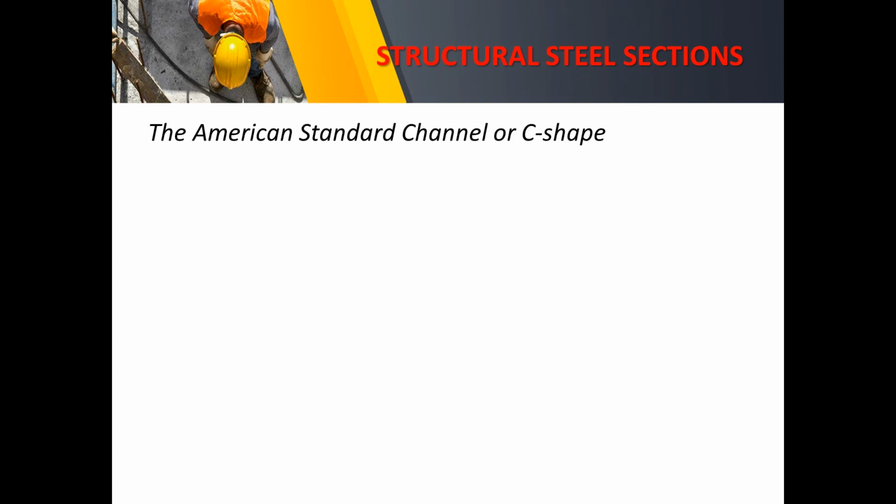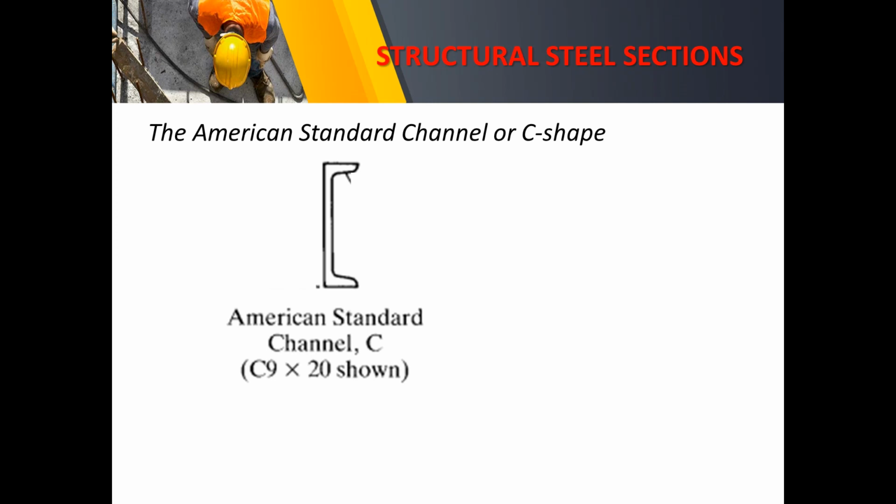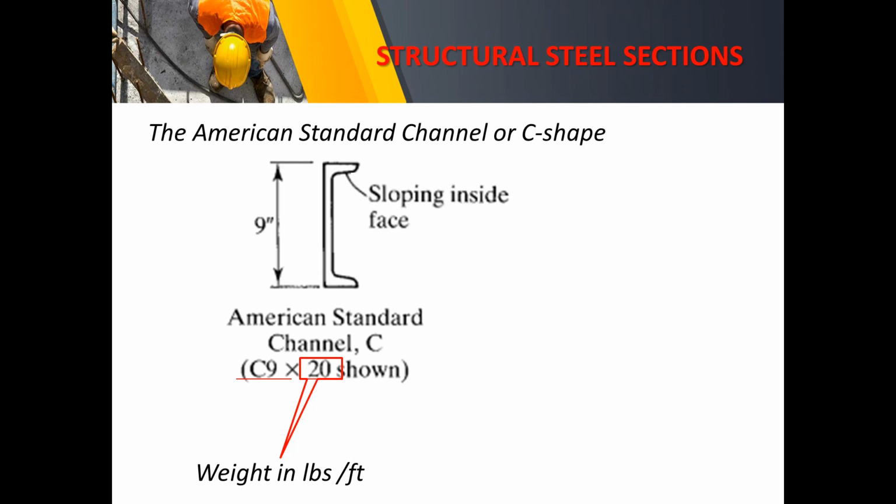We also have the standard or the American Standard channel, or what we call C-shape. So literally it is really C-shape. Okay. So the number here, C9, refers to the depth also. And then this refers to the weight, just like the other sections. Okay. And like your S-shape, it has a sloping face inside the face, thus increasing the moment of inertia.